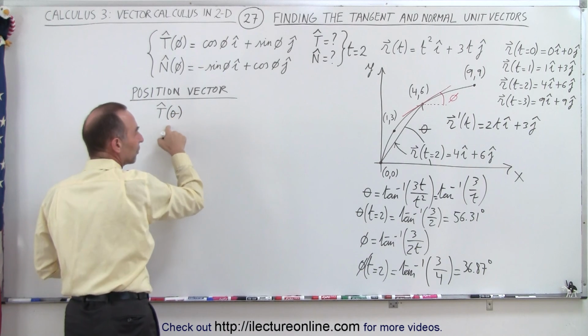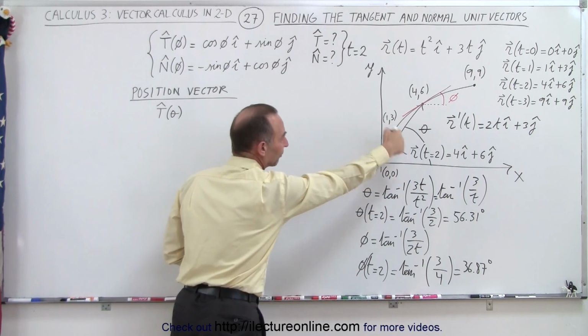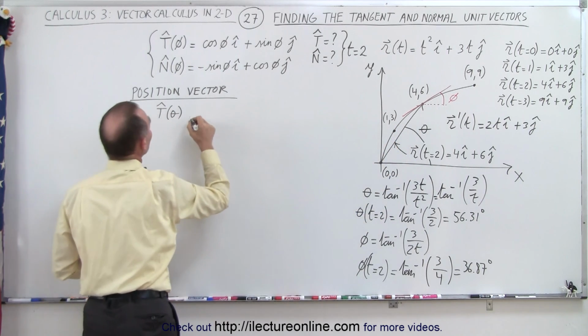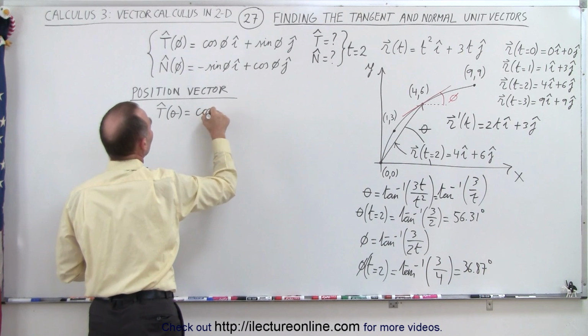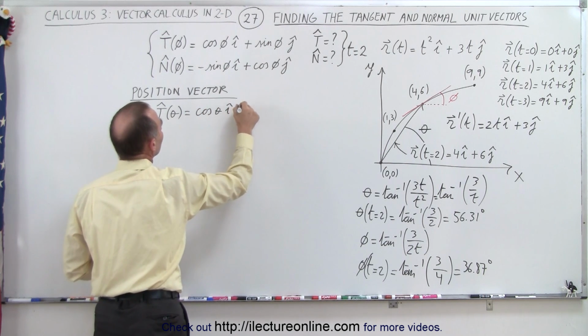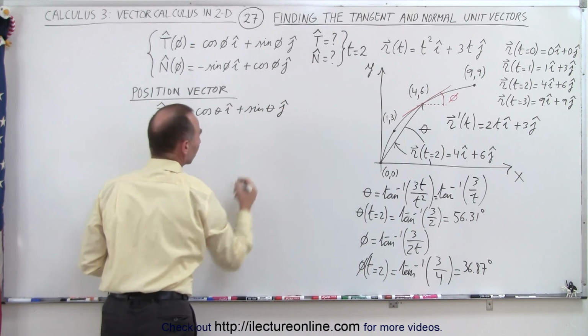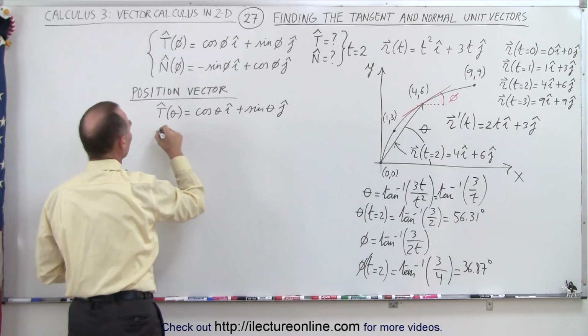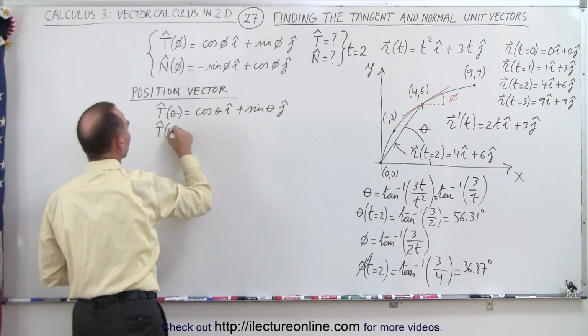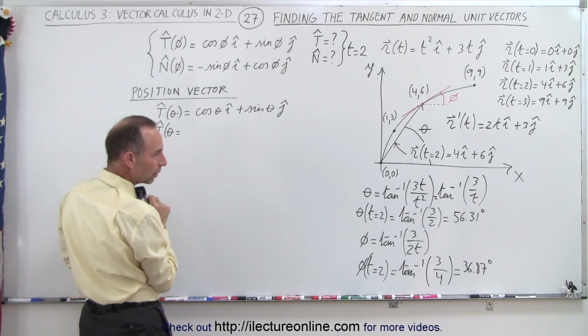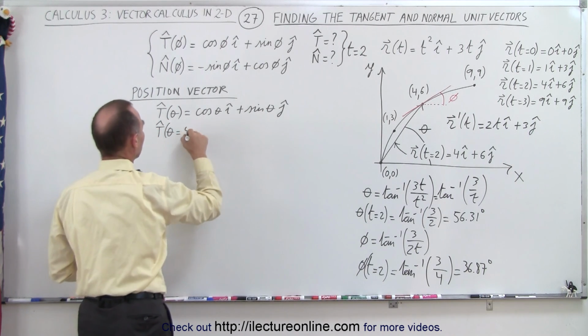And of course, we're going to use the angle theta, because that's the angle that defines the direction of the position vector, which is going to be equal to the cosine of theta in the i direction plus the sine of theta in the j direction. Plugging in the angles, theta is equal to 56.31 degrees.